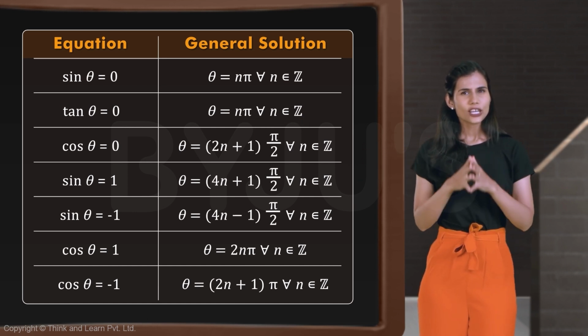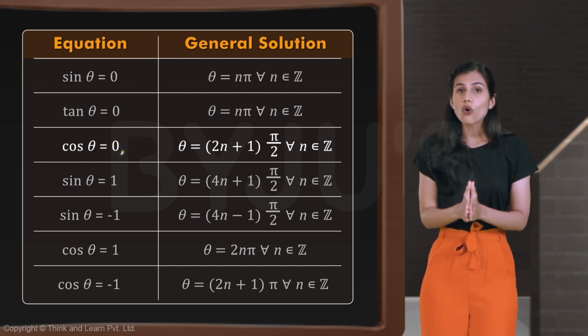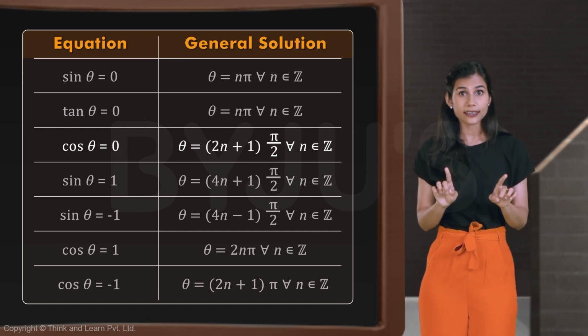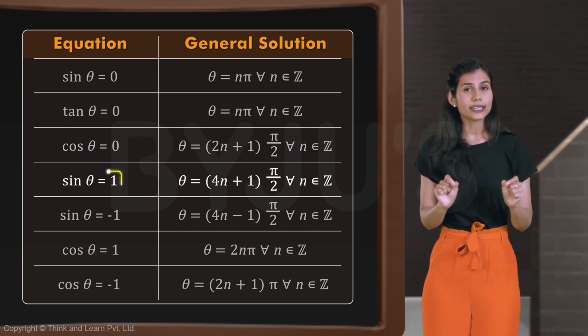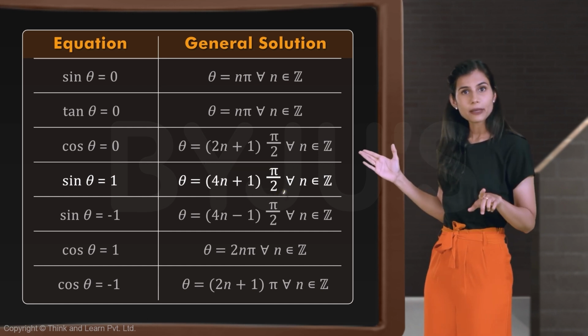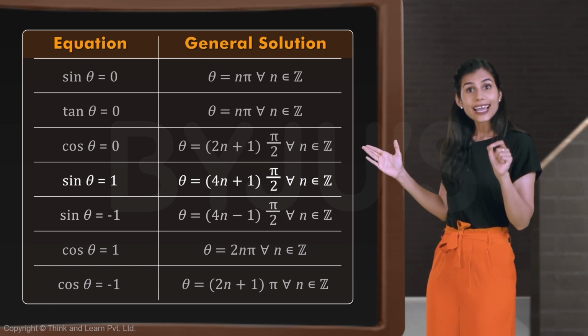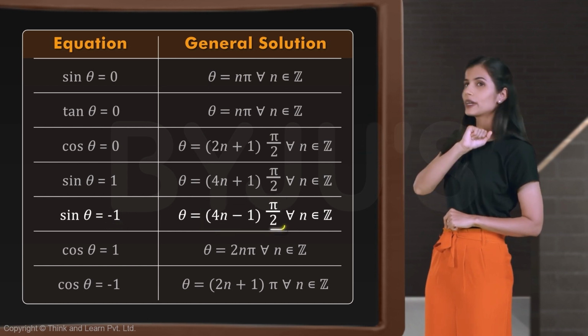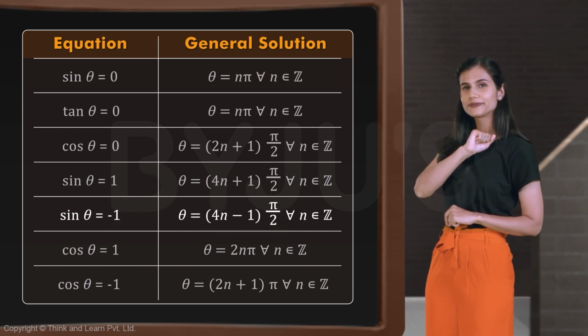Okay, I guess now you will never forget the general solution of both these equations. Next, we learnt cos theta is 0 for all the odd integral multiples of pi by 2. Then, sine theta gives 1 for theta equals 4n plus 1 times pi by 2. Right, and it gives -1 for 4n minus 1 times pi by 2.